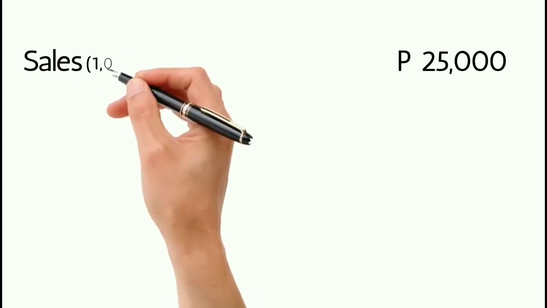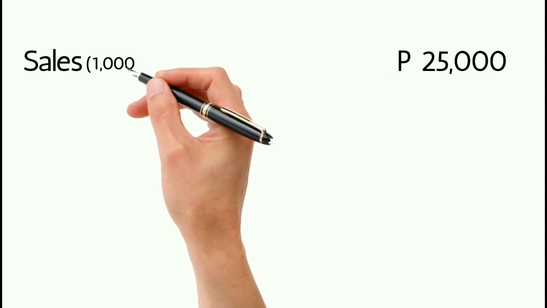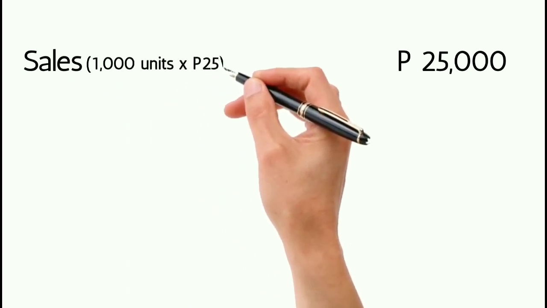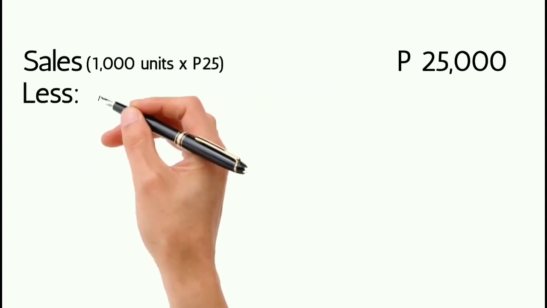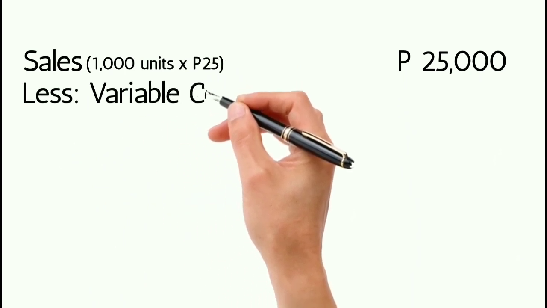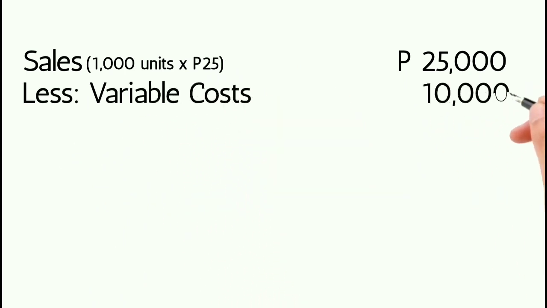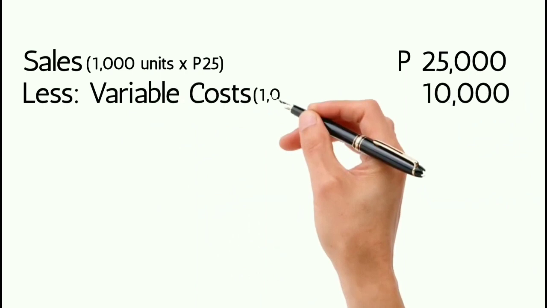Ang break-even point in units ay 1,000 units at ang break-even point in pesos ay 25,000 pesos. So the sales amount to 25,000 pesos. That is 1,000 units times 25 pesos. Ililas natin yung variable cost na 10,000 pesos.